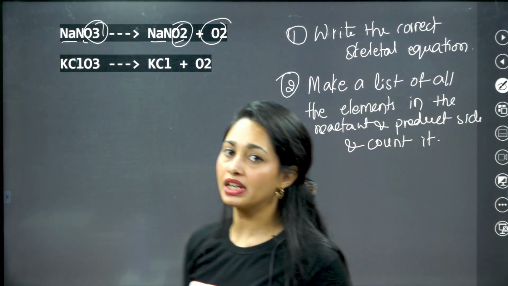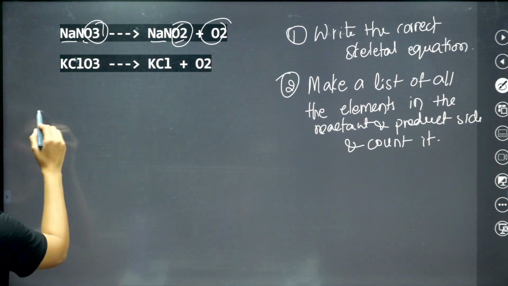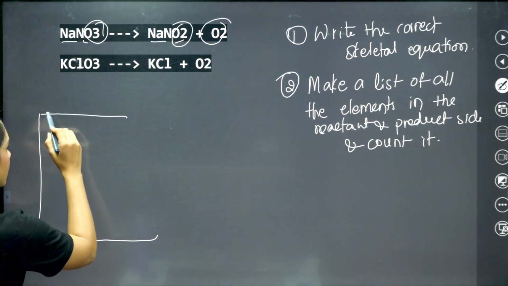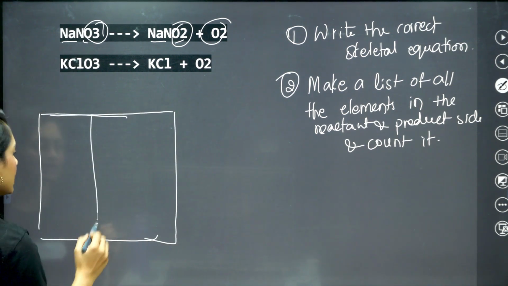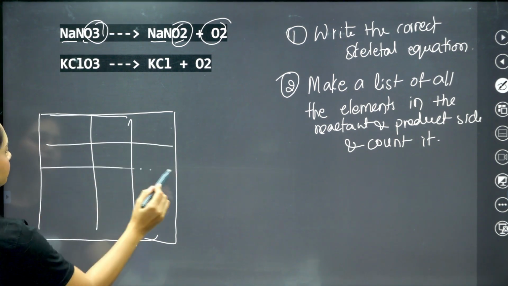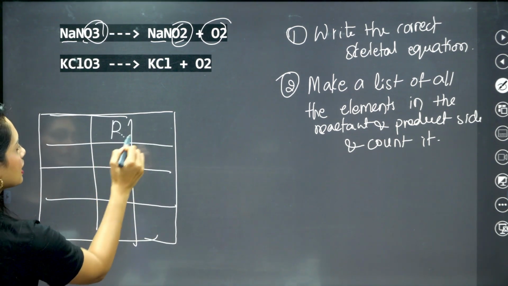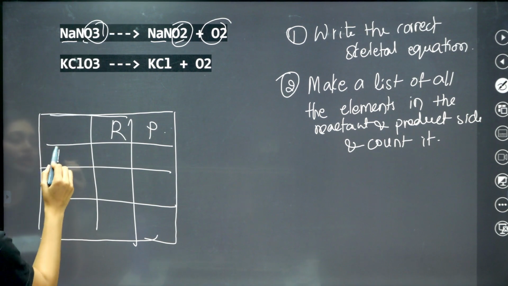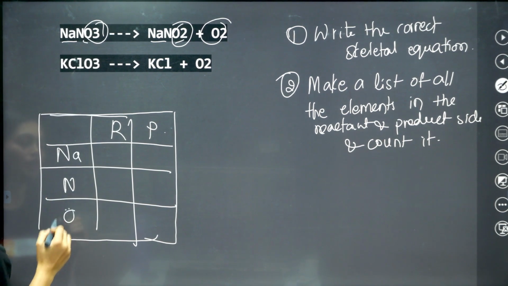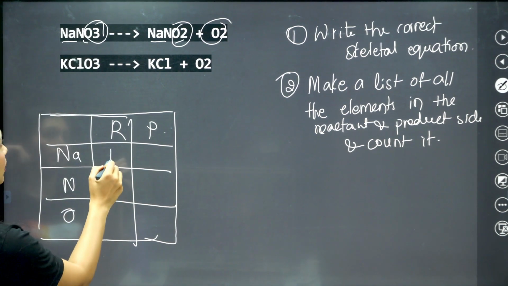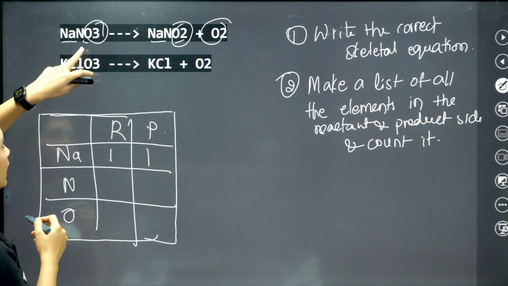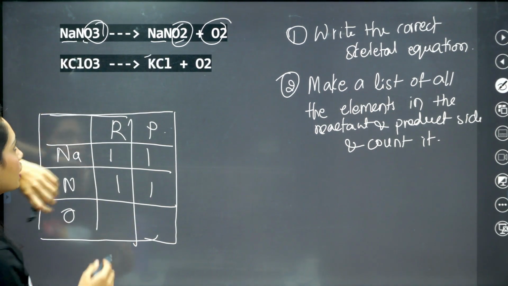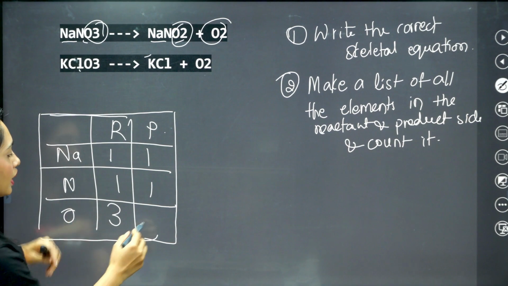You can use a tabular column like this. This is pretty easy to do. Reactant side, product side: sodium, nitrogen, oxygen. In the reactant side, there is only 1 sodium, and in the product, 1. Nitrogen, 1 each. Oxygen, 3 here and 4 on the product side.